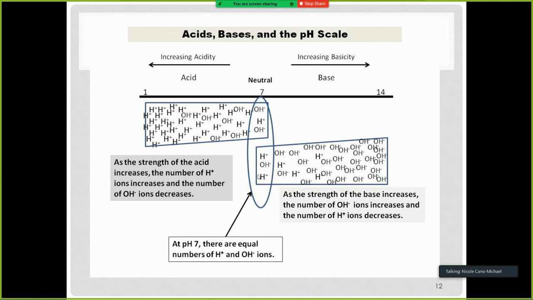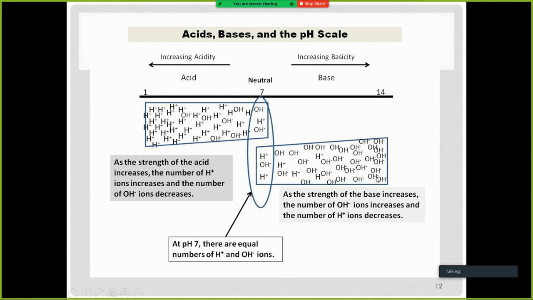If you know that you get more hydroxide ions, the OHs, as we get more basic, that is what this picture is intended to show. So if I'm here in the weak base area, I still see some hydrogens floating around, and I have some of these OHs.